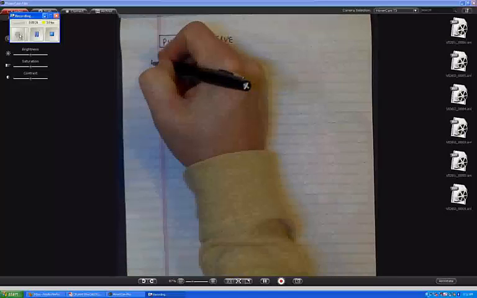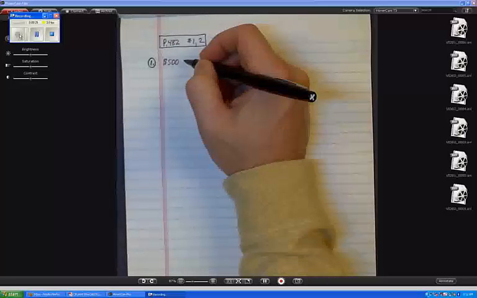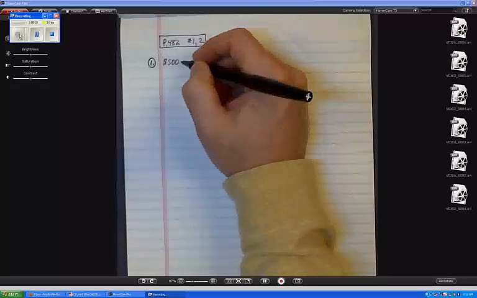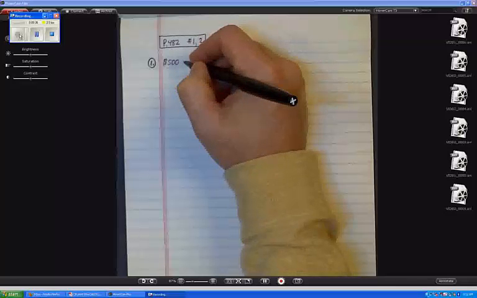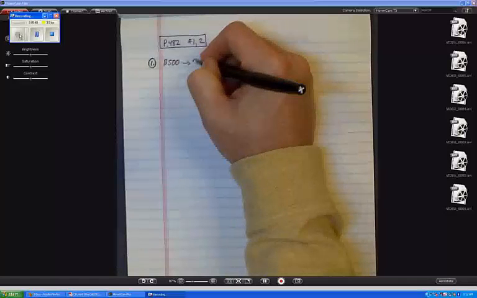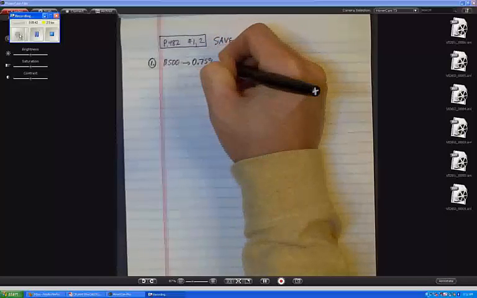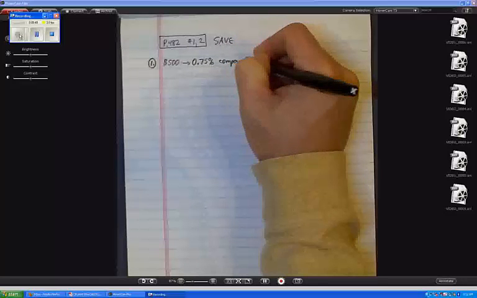So let's see, actually, you guys can probably do this using our new formula. $500. It says invest it in an account, and it says that the interest is 0.75% compounded monthly.